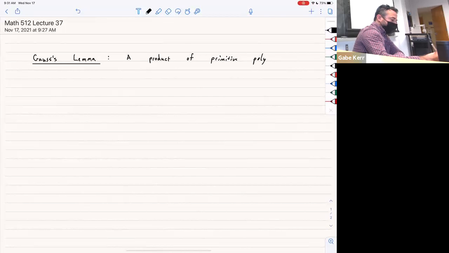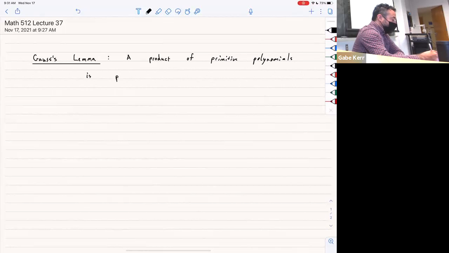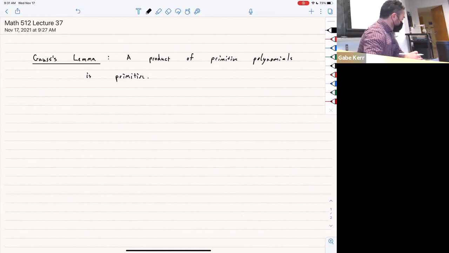And remember that a primitive polynomial is just a polynomial with integer coefficients so that all of them are relatively prime, collectively, as a set, and that the leading coefficient is positive. So we want to use this to show that irreducibility with integer polynomials will give us more or less irreducibility with rational coefficients.